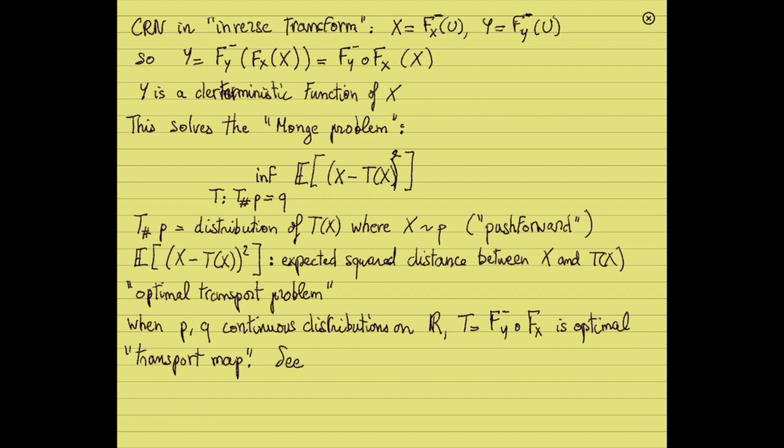There's a vast and very interesting literature on optimal transport problems. A very good and recent account is in the book of Peyré and Cuturi called Computational Optimal Transport, which is freely available online. I highly recommend it. So now we've seen some connection between common random numbers strategies and optimal transport.